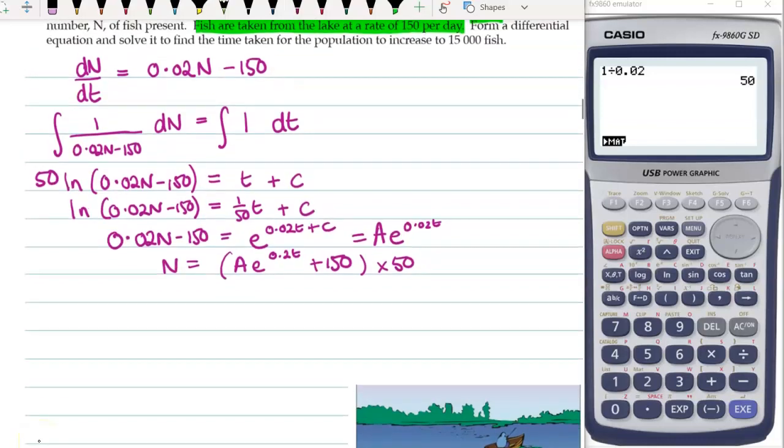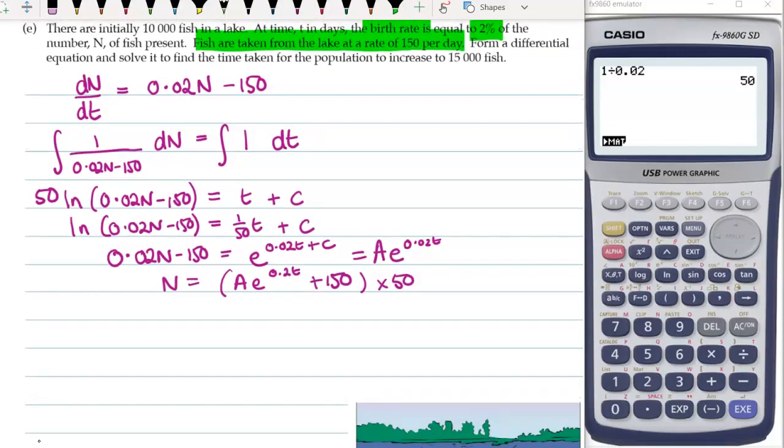Okay, now let's get some information from the question so we can work out A. The information that's helpful to us is this 10,000, that's what we started with. So when t is 0, n equals 10,000. So 50 a e to the 0.02 times 0 plus 150 is equal to 10,000.